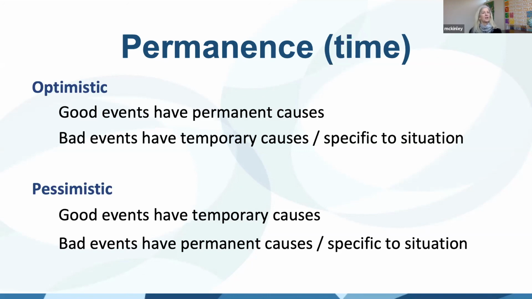The pessimistic view of time is that good events have temporary causes. So when my paper gets in, I view it as, oh, I just got lucky, the reviewing process is random and I'm super lucky that my paper got in.